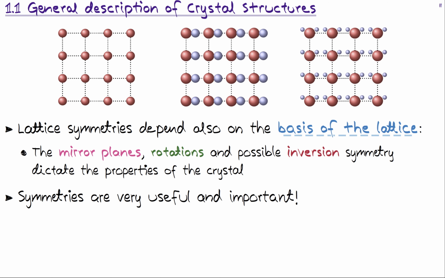So I want to say that symmetries are extremely useful and extremely important when we are understanding periodic structures. And this is an understatement. Symmetries are one of the most important things there are when we want to understand the properties. The trouble is that it's not a trivial concept.